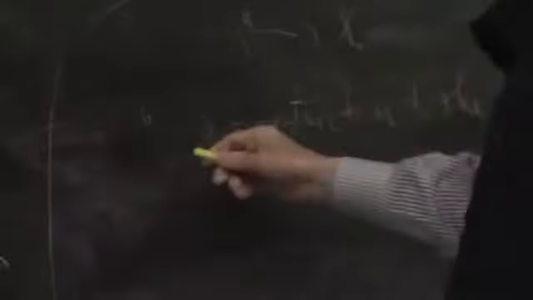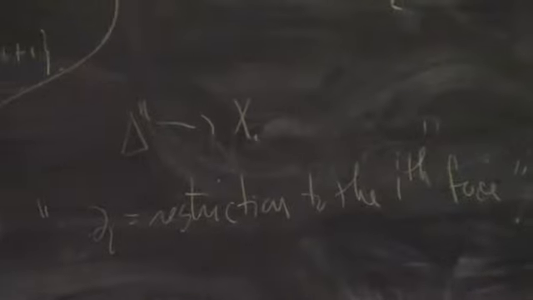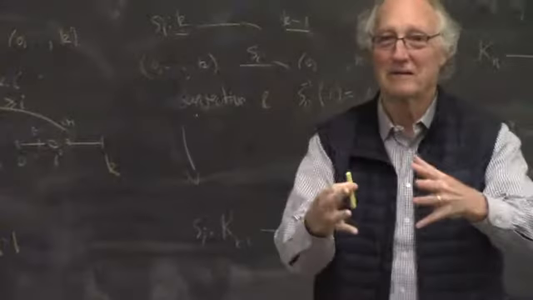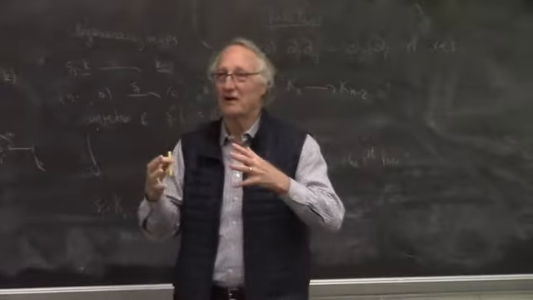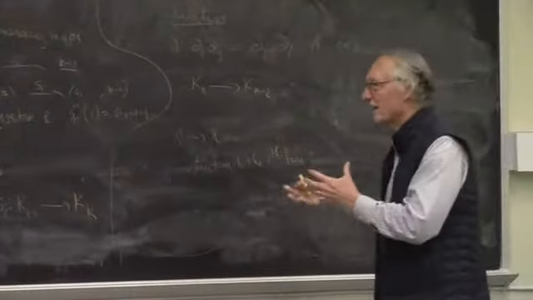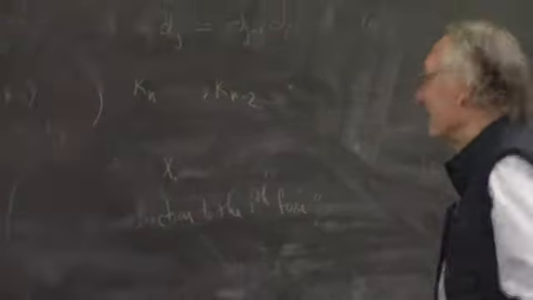Okay, so that's a paradigm always to keep in mind, because then you don't have some abstract contravariant functor. You're restricting. Restriction is a contravariant functor, and if you think of it in that language, you won't get confused about what order we put things in.